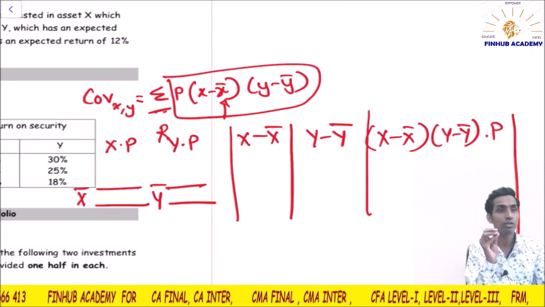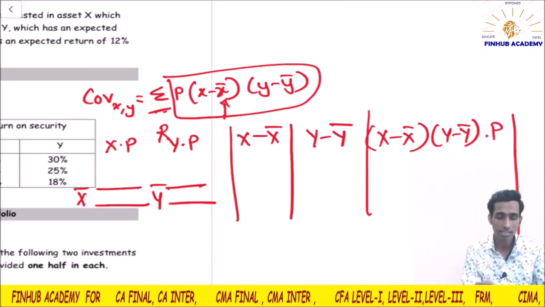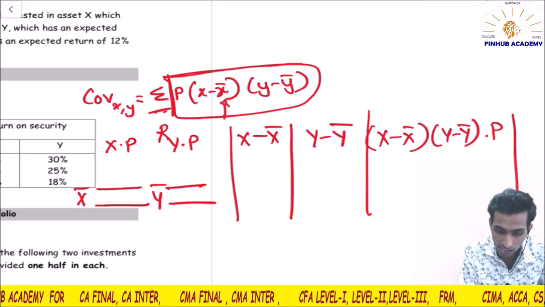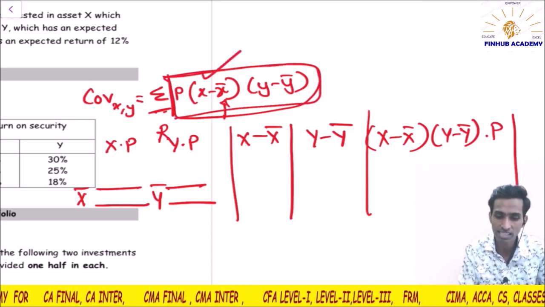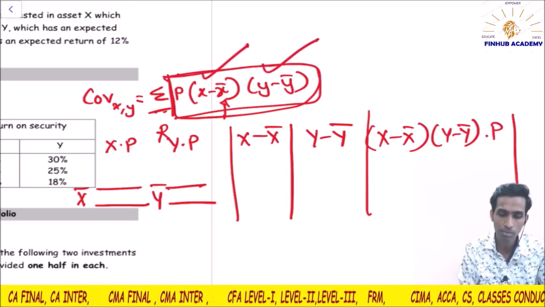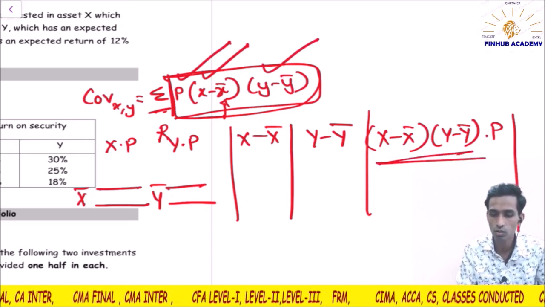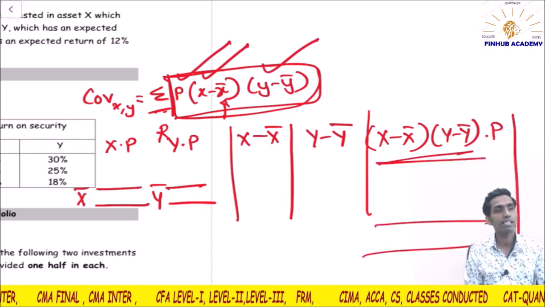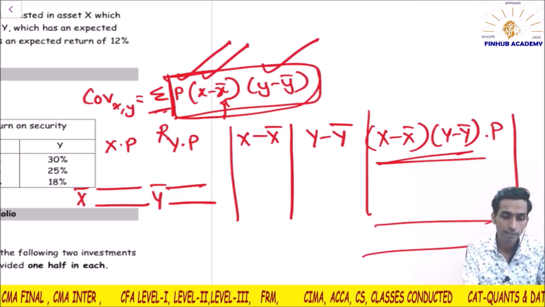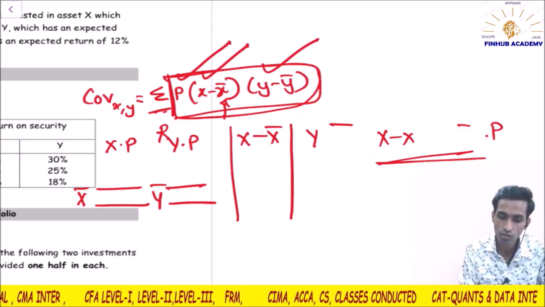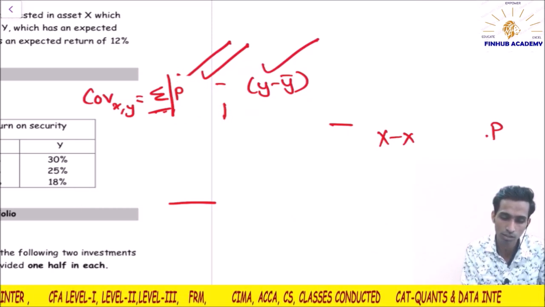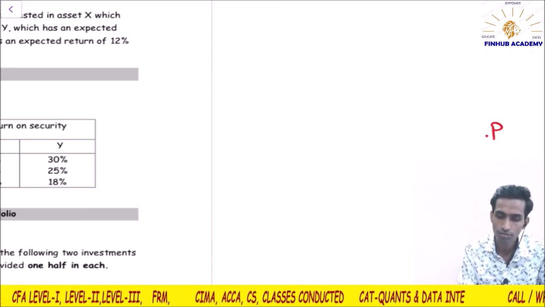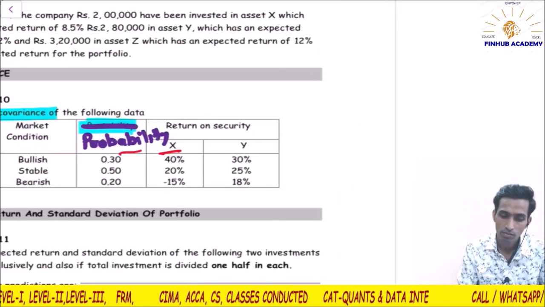Those who have not done +2 level maths, summation means take all these things and then the total. So I will multiply by probability and take the total of this. Understood? Now we are ready to jump into the sum. So let's solve.